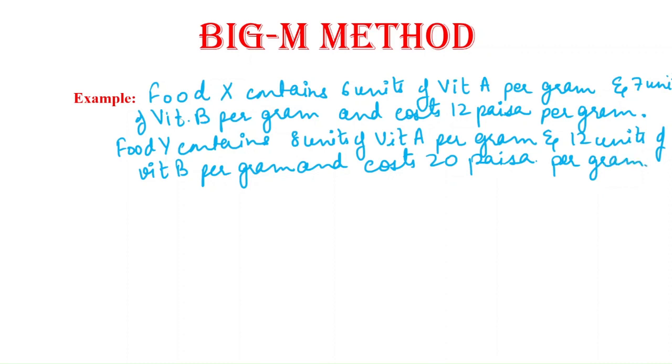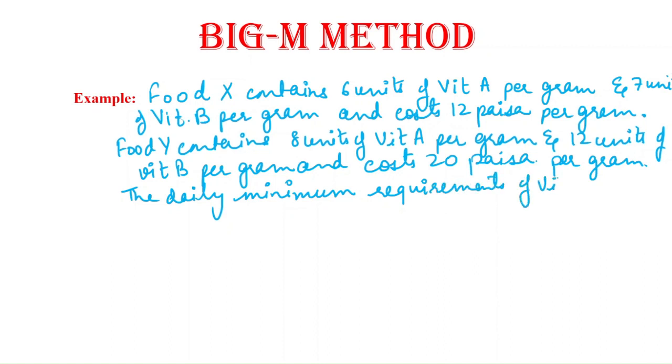So the daily minimum requirements of the vitamins A and vitamin B are given as 100 units.